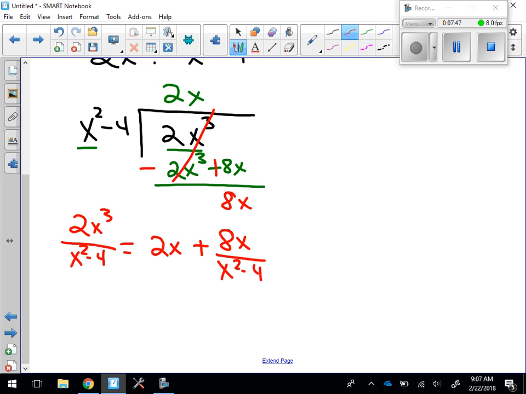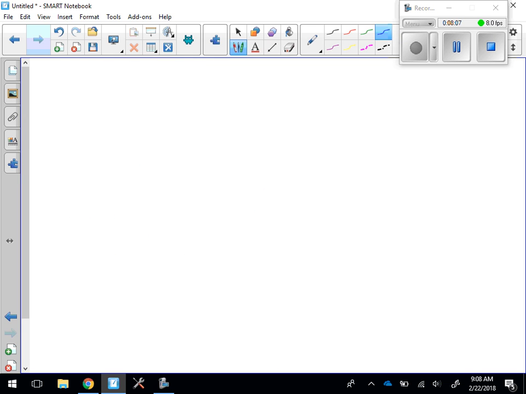If, yes, I have that right. Okay. It's a remainder. Okay. So we're just going to write this again. All right, so what I have is 2x cubed over x squared minus 4 dx.